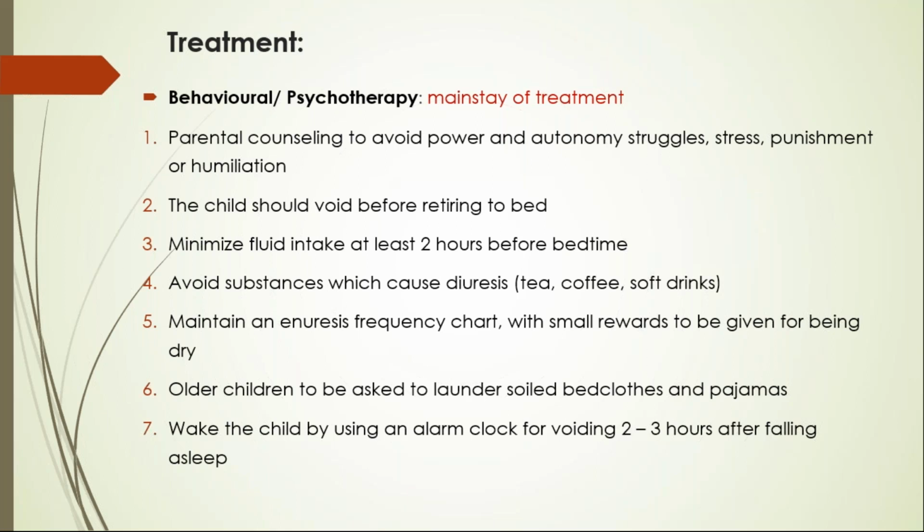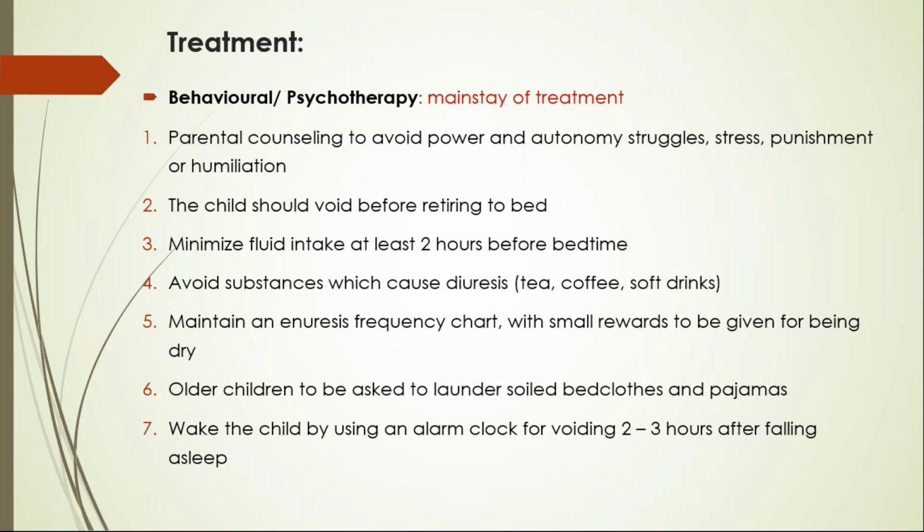Maintain a urine diary, or we call it an enuresis chart, with small rewards to be given for being dry. So what we discussed was that positive reinforcement. When the child is not urinating in the bed, you have to positively reinforce that, give him a reward.